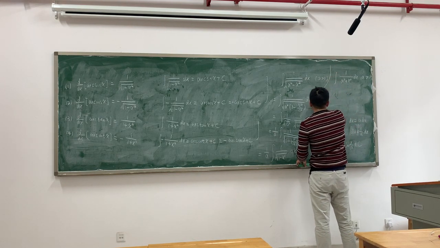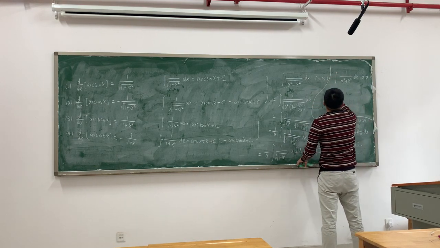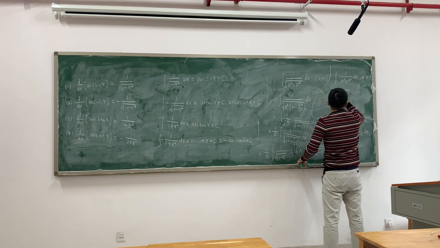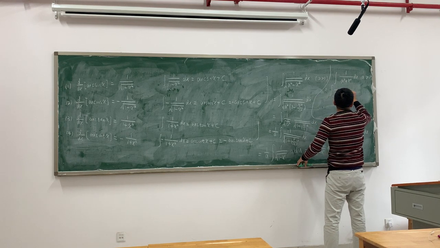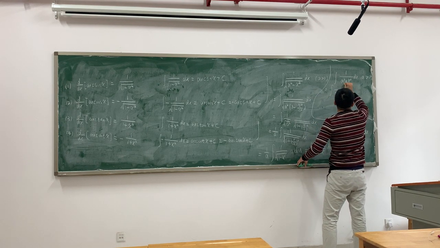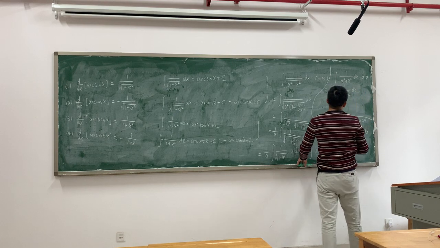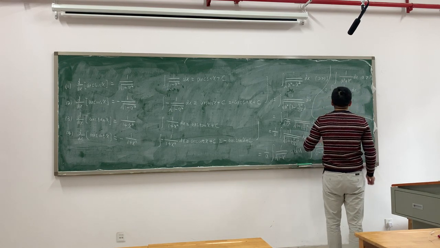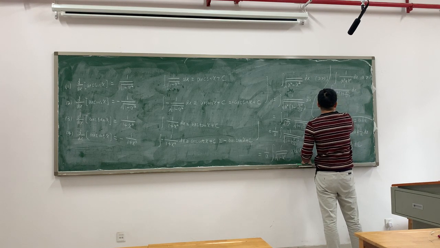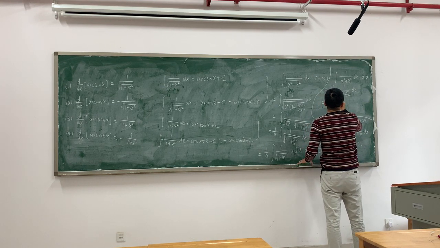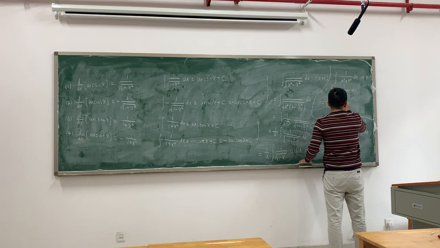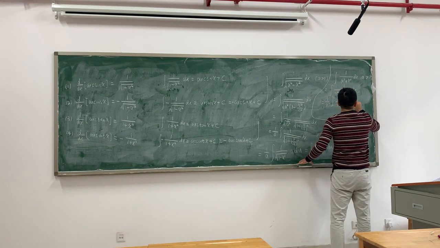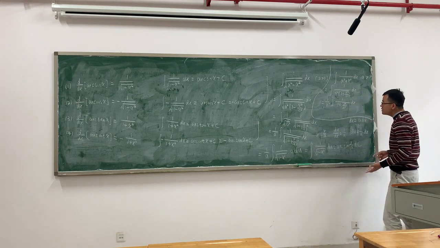For this one, we take out a squared, so here is 1 by a squared, times 1 by 1 plus x squared by a squared, dx. So it's the same.